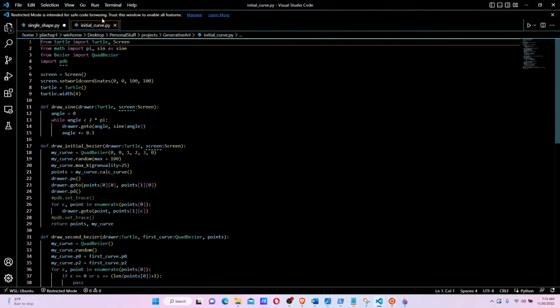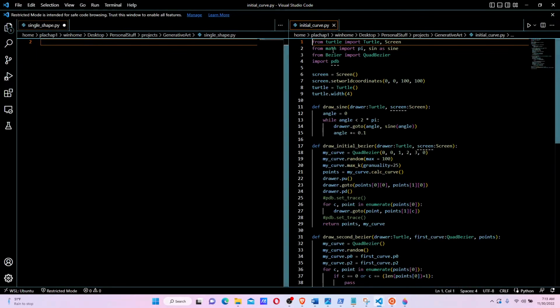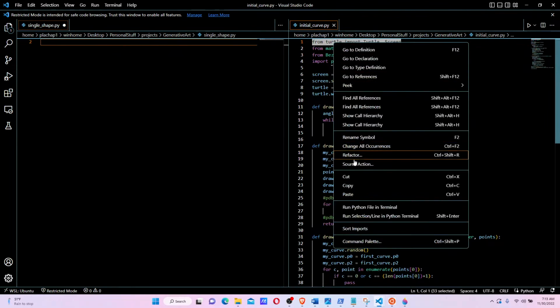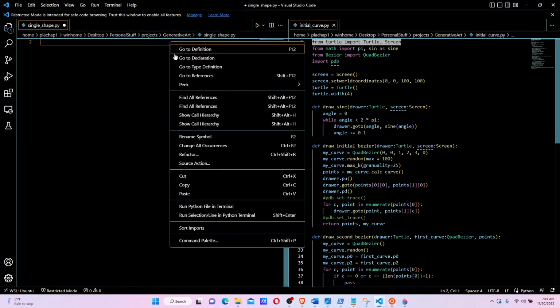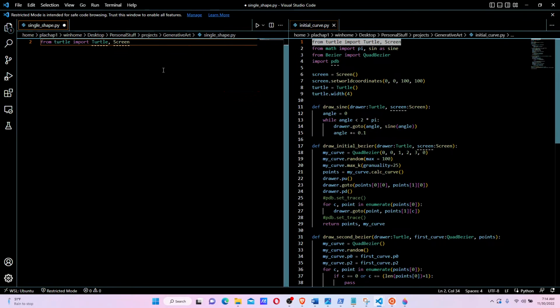And I'll make this new file similar to this one. So, import turtle stuff, math. Bezier, don't need, because I can make my own. Debugger, don't need, great.